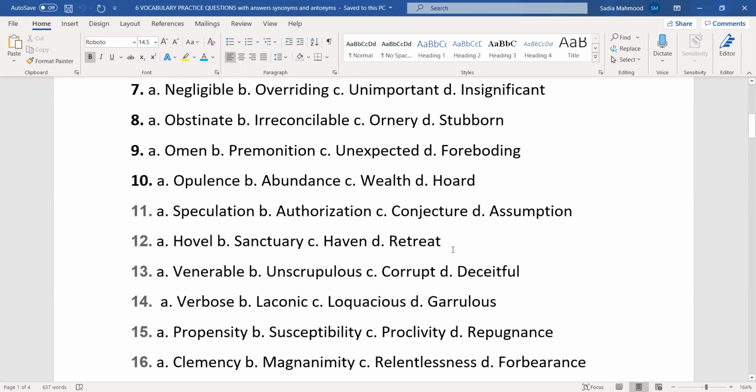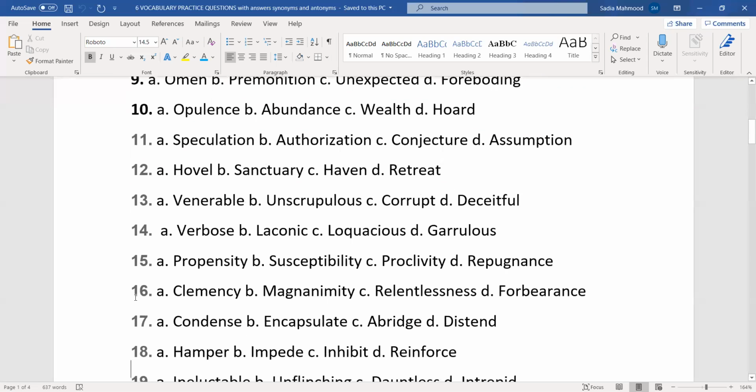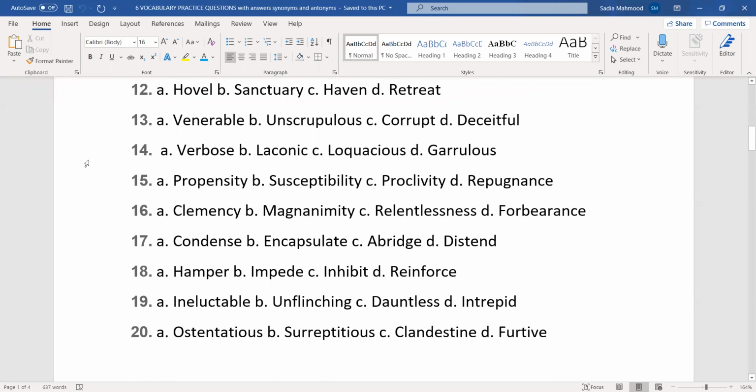Select the odd one out. Question number 13: option A, vulnerable. Option B, unscrupulous. Option C, corrupt. Option D, deceitful. Question number 14: option A, verbose.